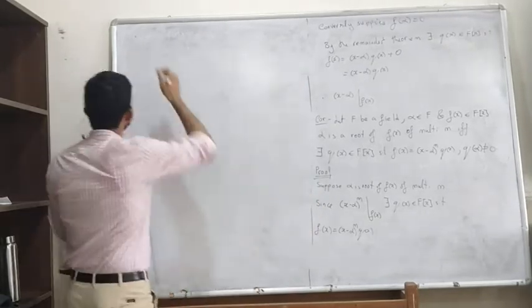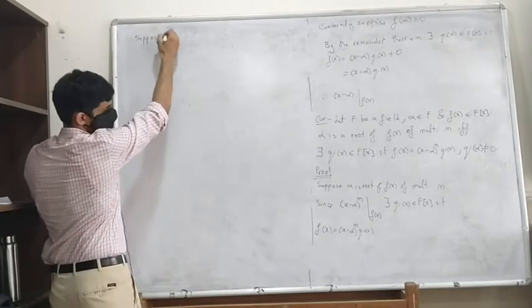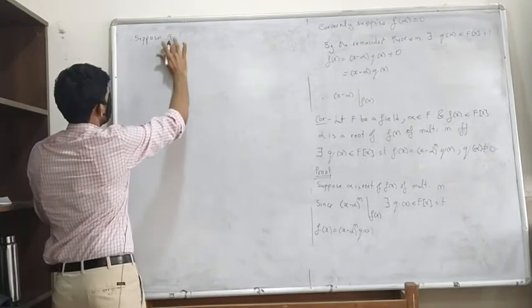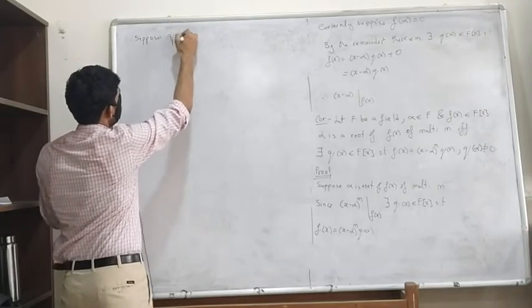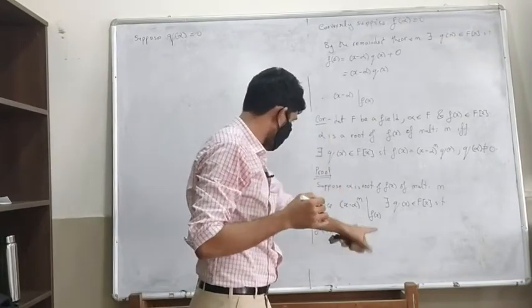So suppose q of alpha is 0. What will happen if q of alpha is 0?